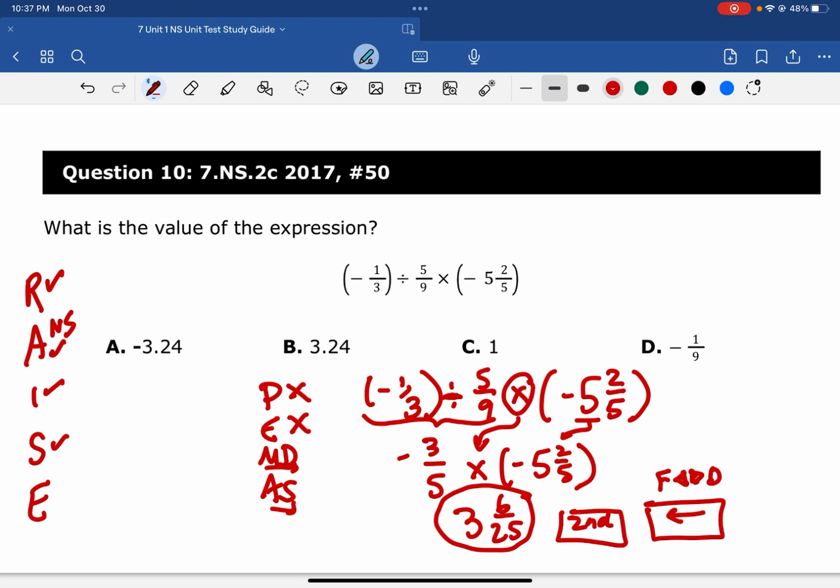So when we hit second, back arrow, it gives us 3 and 24/100, which is choice B.